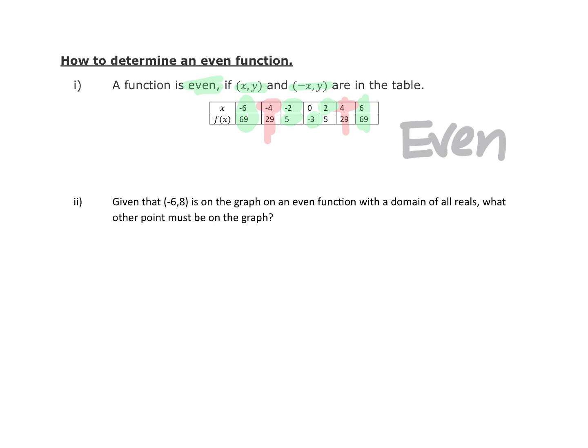Okay, so let's go to the next one. Given a point -6, 8 is on the graph of an even function with the domain of all real numbers, what other point must be on the graph? I know if I have -6, then I should have +6 and 8.